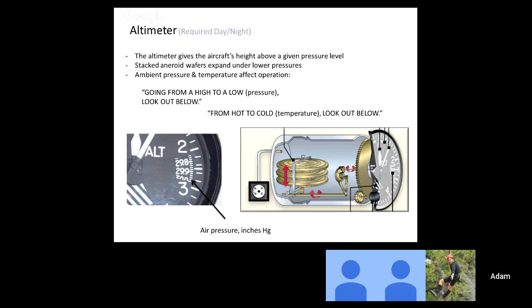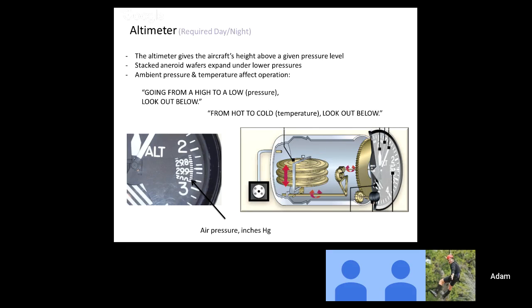But the altimeter is, like I said, a barometer. And what is a barometer? Well, it's a set of stacked what's called aneroid wafers. And they expand and contract under different pressures. Of course, if you've got your Kollsman window set to a particular pressure, that'll preset the wafers, and then any change in pressure from that setting will cause the instrument to turn.